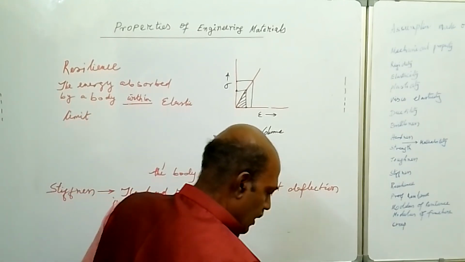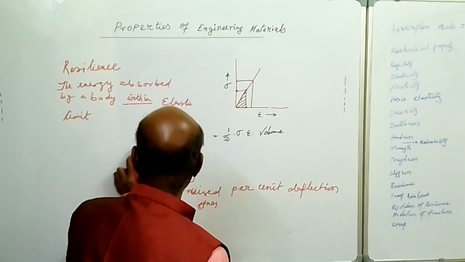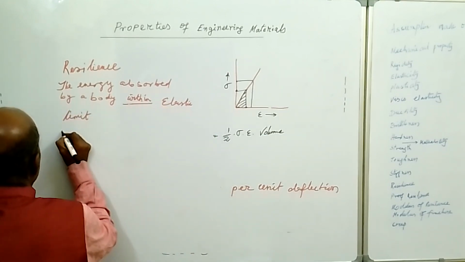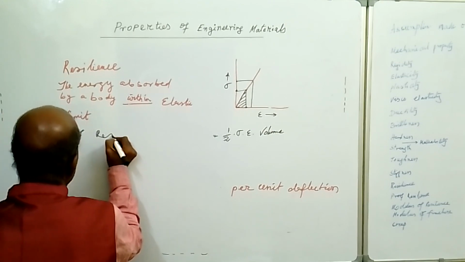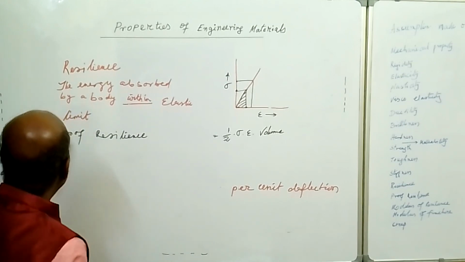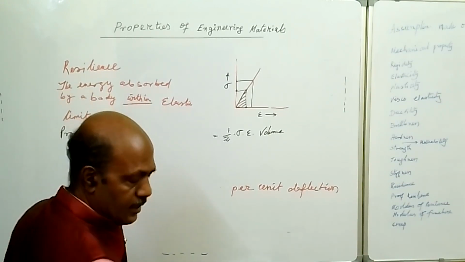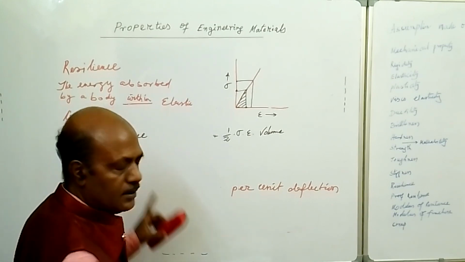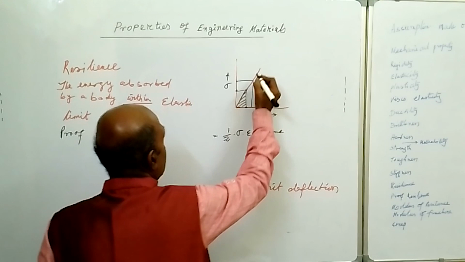Now next is the proof resilience. This is the energy absorbed by the body up to elastic limit.